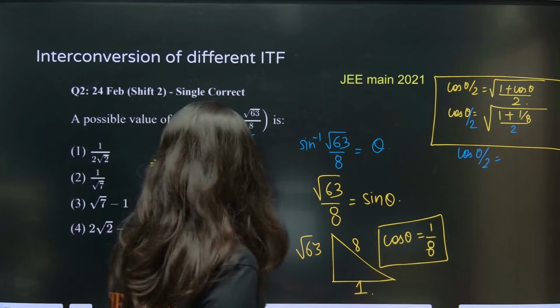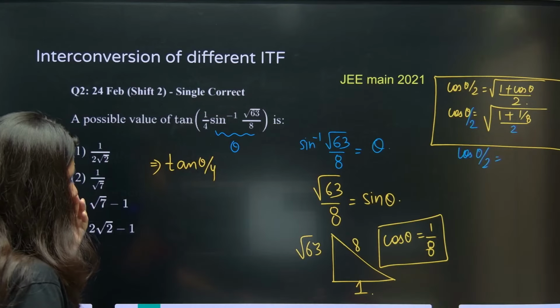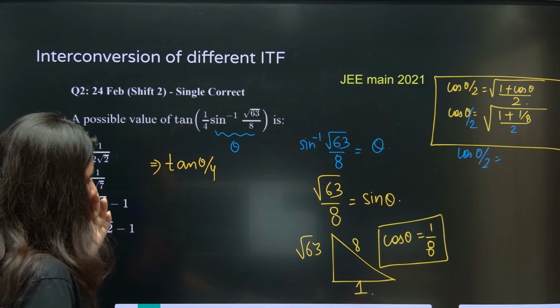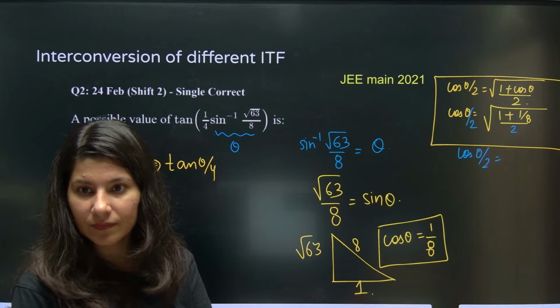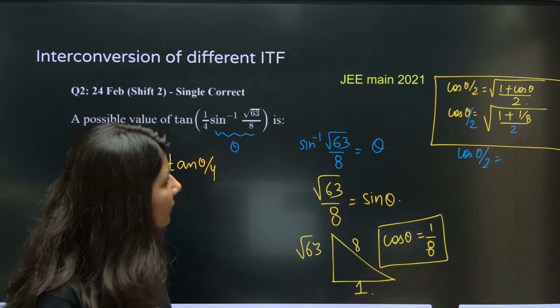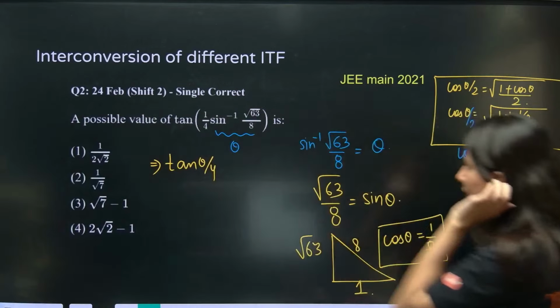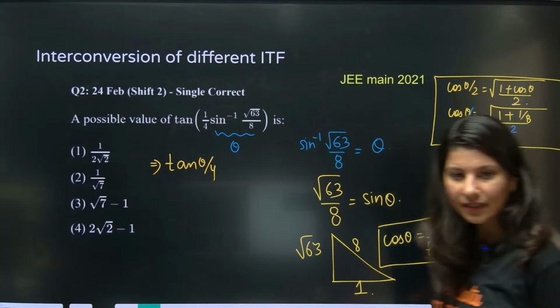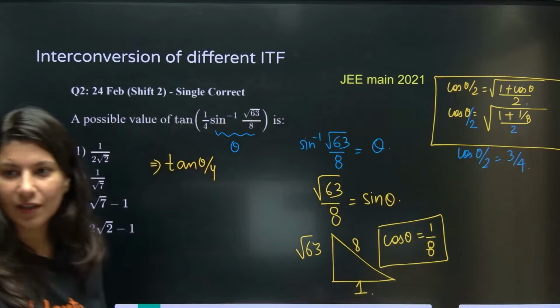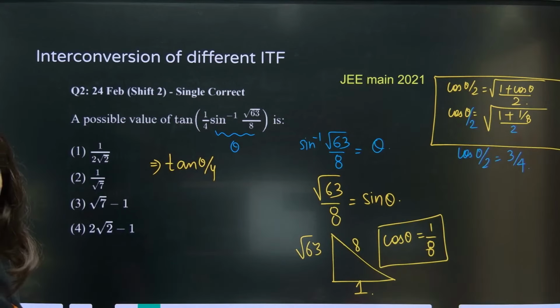See, I have cos theta and I want cos theta by 2, right? Yes, cos theta by 2 is 3 by 4. 3 by 4, right? Correct? Yes. Cos theta by 2 is 3 by 4.